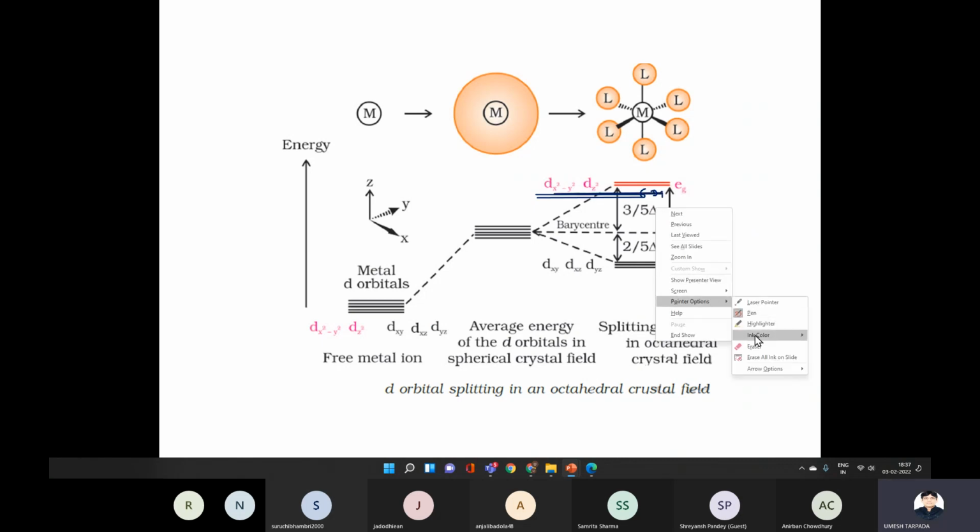So the total difference between these two lines is 10 Dq.